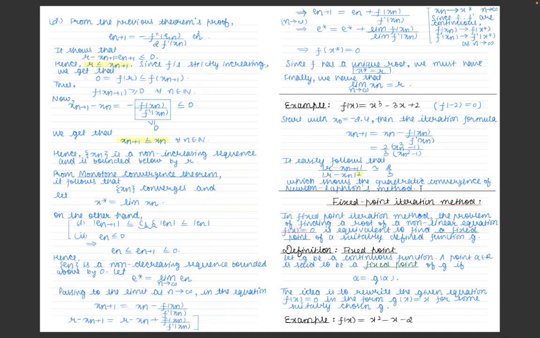So, if you consider f(x) to be x square minus x minus 2 equal to 0, you have to find the root of this equation. Okay.